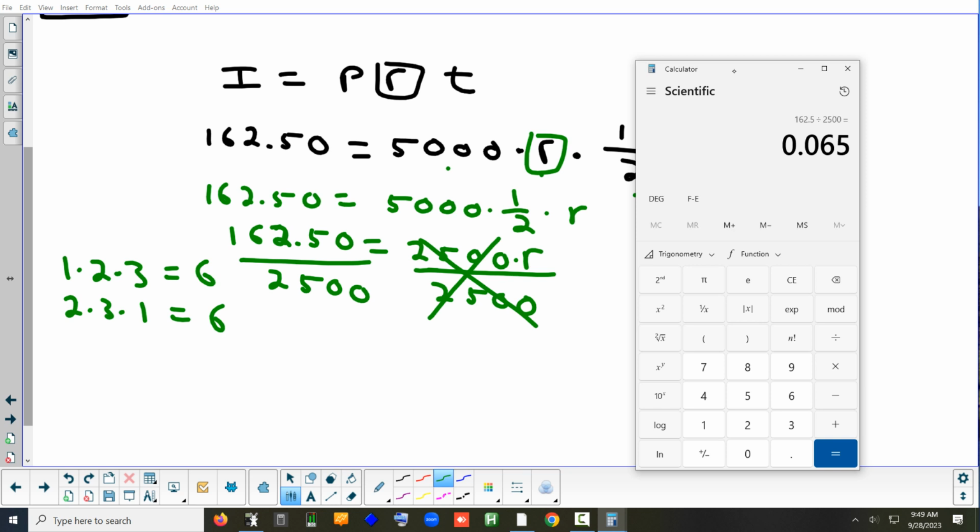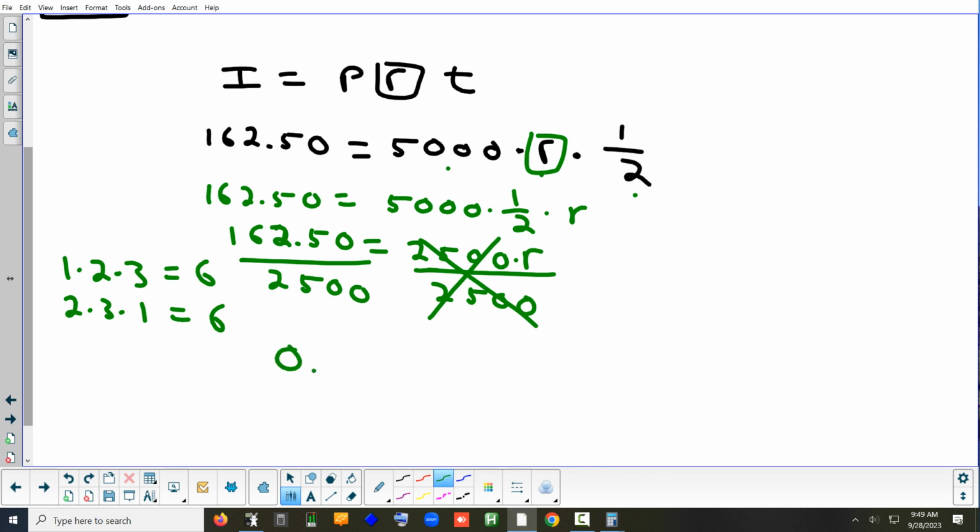Okay, and it says the answer is 0.065. And that's what you write down. And what's that equal to? What letter? R.